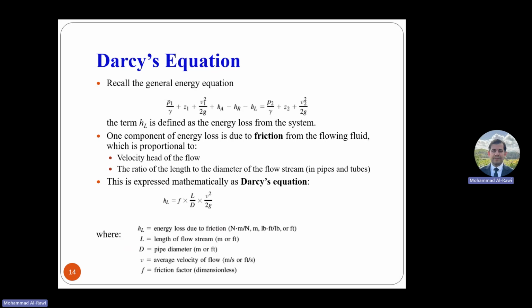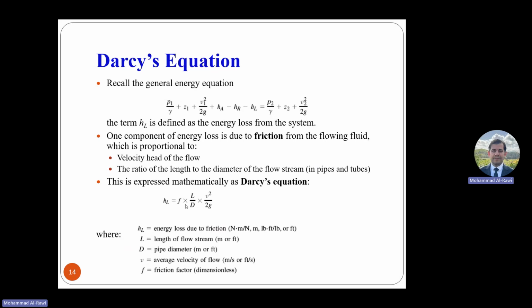And how can we determine that? There are two methods. One is for laminar and one is for turbulent. So one component of energy loss is due to friction from the flowing fluid, which is proportional to the velocity head of the flow and the ratio of the length to the diameter of the flow stream in pipes and tubes. This is expressed mathematically using Darcy's equation.